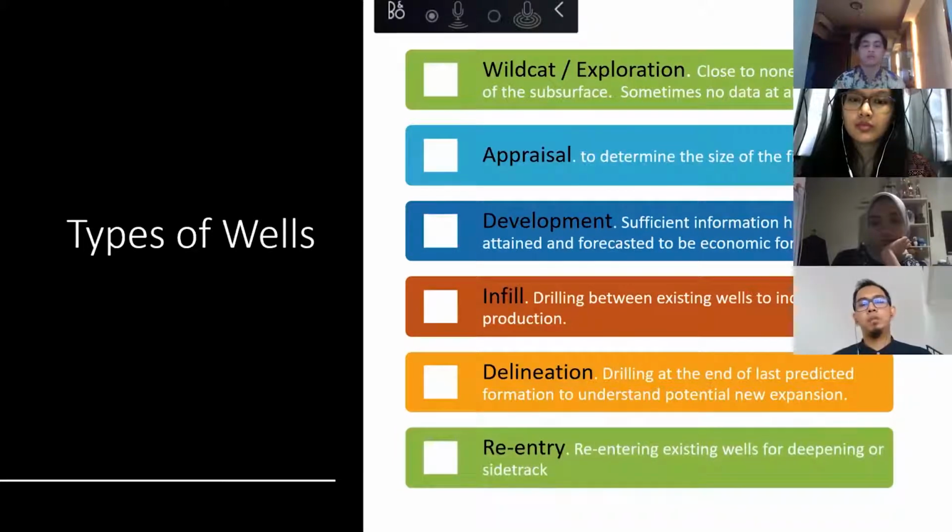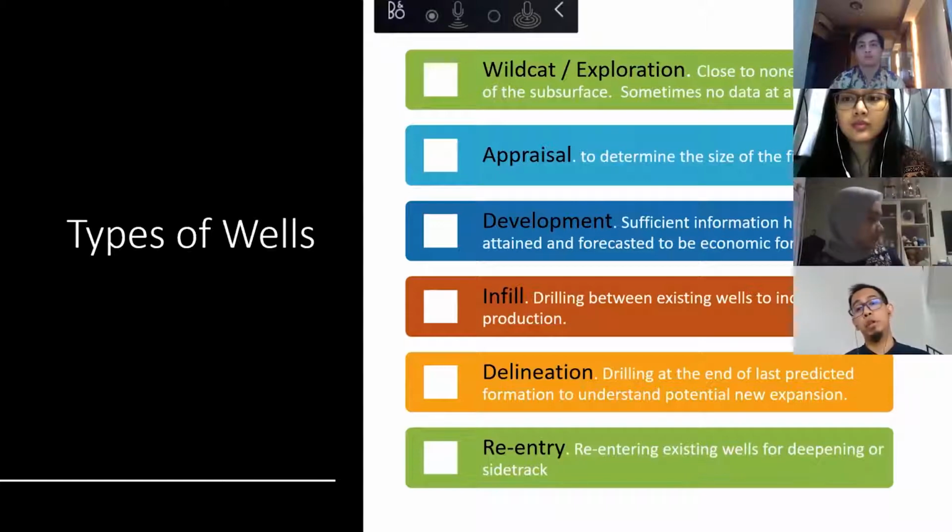The other one that is quite common is re-entry wells. Re-entry wells, as per the term, is when you have an existing well, and then you re-enter it to deepen or sidetrack, or whatever you need to do to increase the net pay, maybe to clean and reduce formation damage by acidizing.